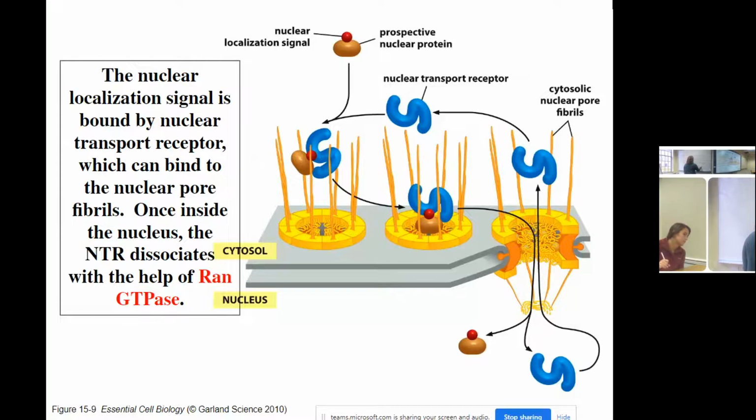Let's call it fibrils on here. Nuclear transport receptor by itself does not bind well to fibrils, and nuclear localization signal by itself does not bind well to fibrils, but the combo of them together does bind well to these fibrils.